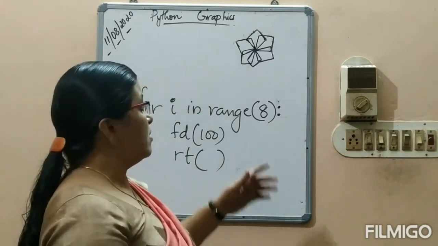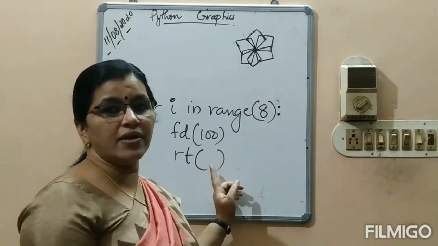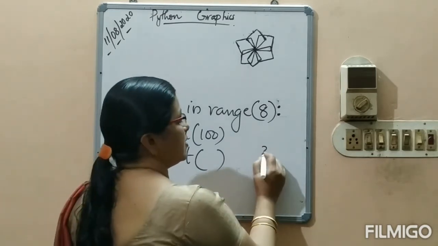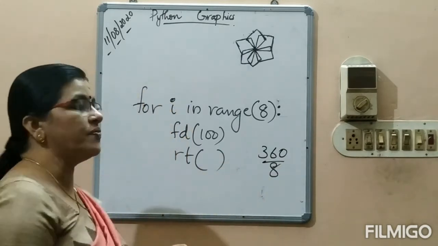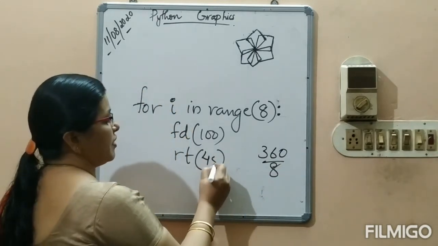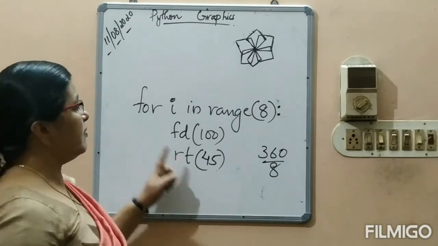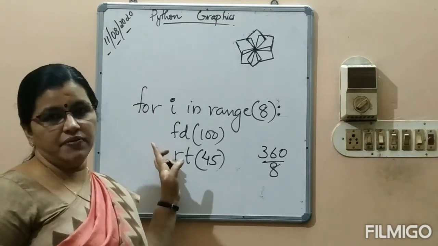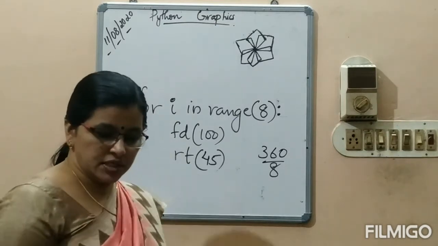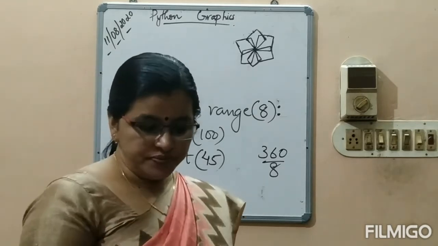How will you calculate the RT? 360 divided by 8. What will be the answer? 45. The RT will be 45. This is the answer for the homework question which I have given. Note it down. If it is not correct, write it 5 times.